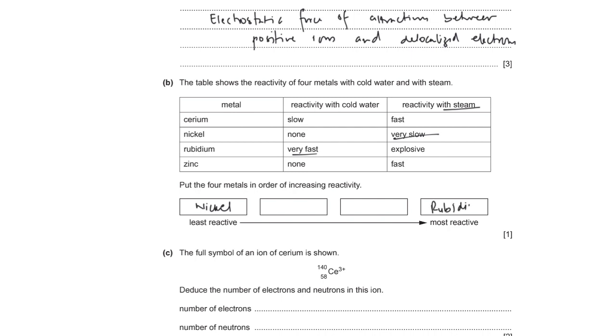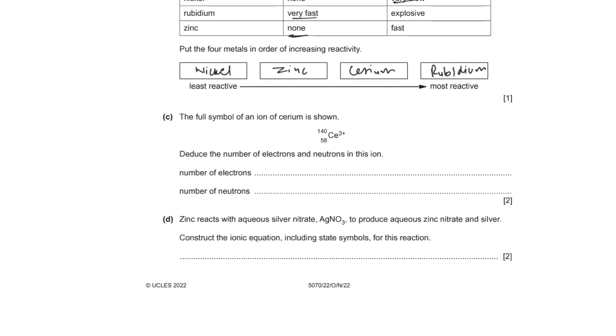Now you are left with zinc and cerium. Cerium shows a reaction with cold water but zinc does not, which means cerium is more reactive than zinc. So you write zinc first and cerium after zinc, because you have to write in the order of increasing reactivity.